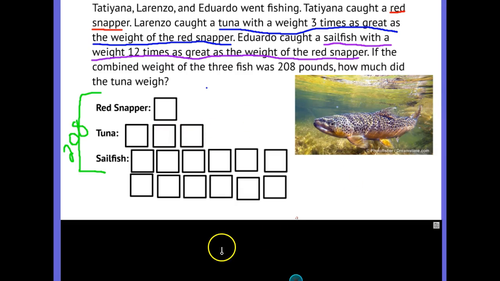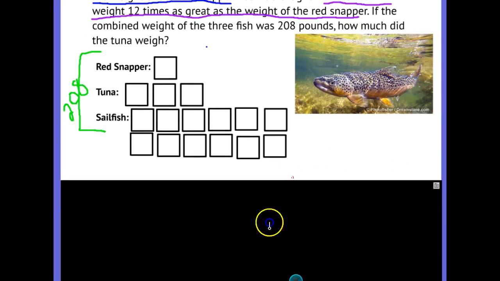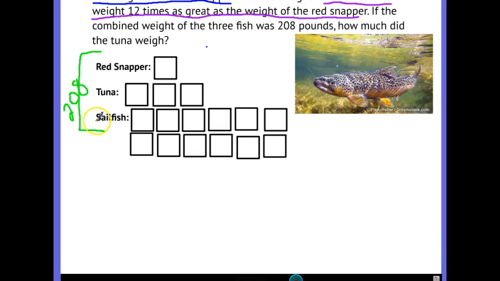So we're going to divide by how many boxes there are. Can you guys figure out how many boxes there are? 12 plus 3 is 15, plus 1 is 16. All right, so we're going to take 16, that's our divisor, and we're dividing that, and that is how many groups we're breaking apart our 208 into.